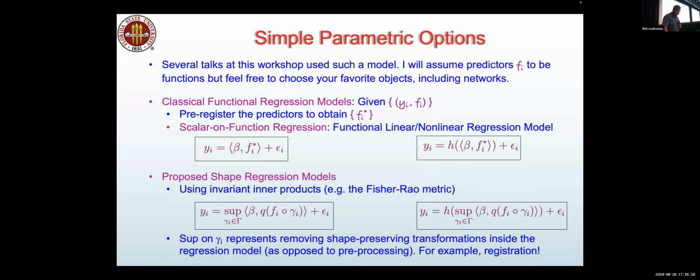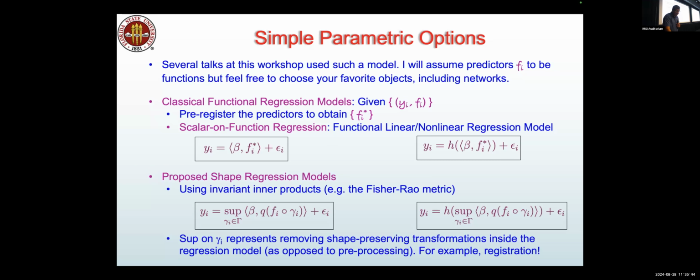Well, not quite. What we want is to do this registration inside the regression. We don't want to treat the pre-processing with some software under some metric and then apply a model with some other metric and assumptions. It has to be done in a unified way, jointly.